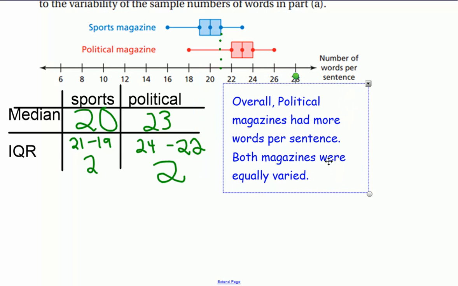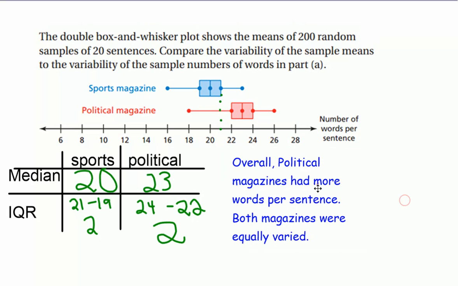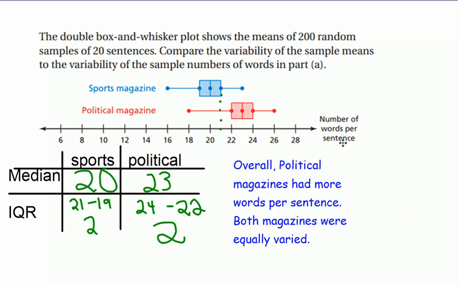It'll fit on one page. Okay, so the political magazines overall had more words per sentence. Again, my label is right here to help me label my sentence. Both magazines were equally varied. Both magazines had, if you look, even the same size box. So overall, both of the magazines had equal variations in terms of their words per sentence. Interesting. But political magazines had more words per sentence typically.